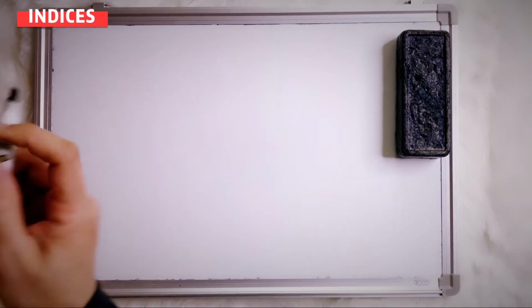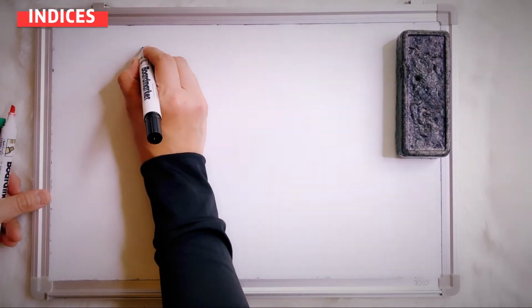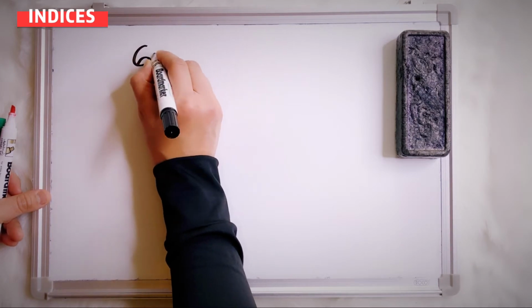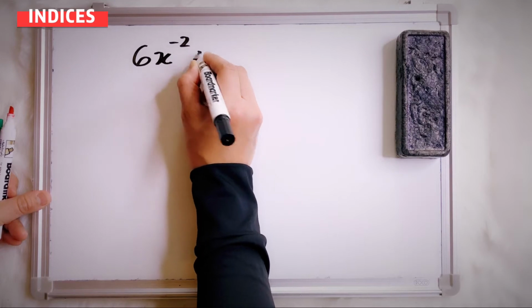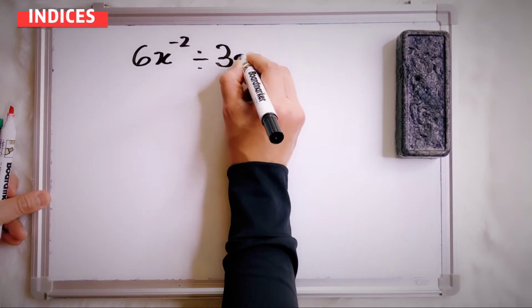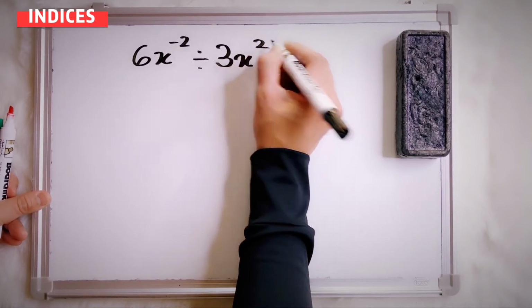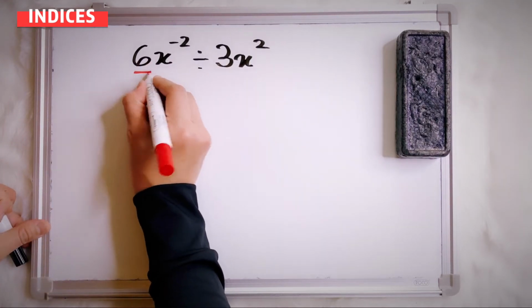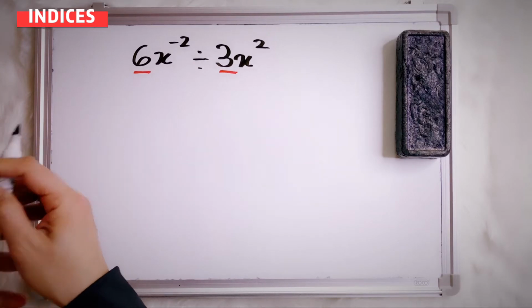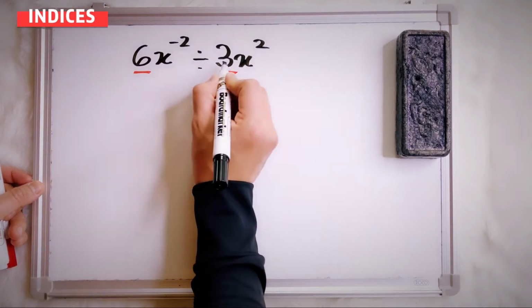Okay, next. Let's say I give you 6x power of negative 2. You divide by 3x power of 2. Settle number first. Okay, 6 and 3. So that means 6 divided by 3.